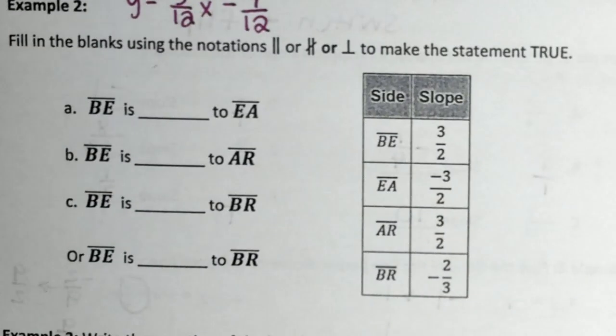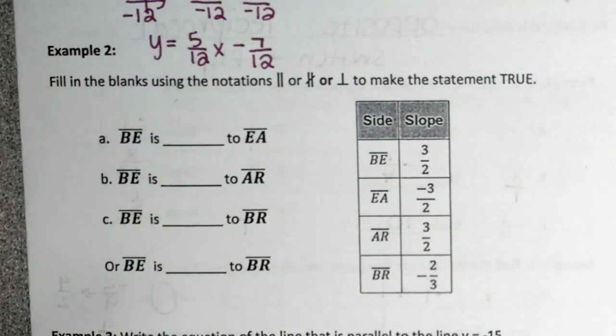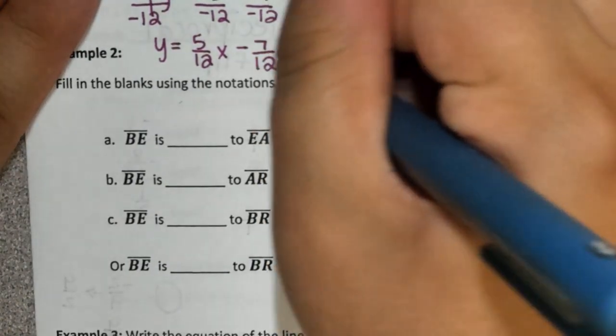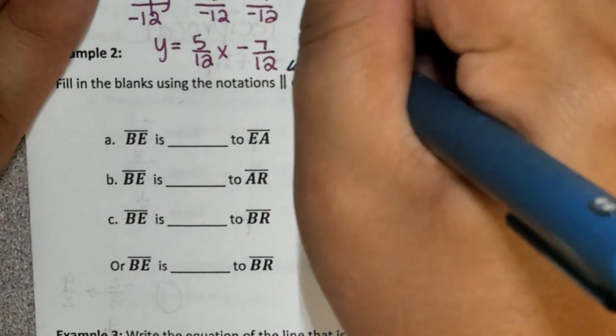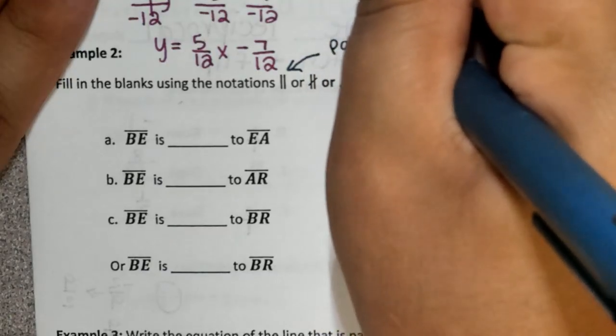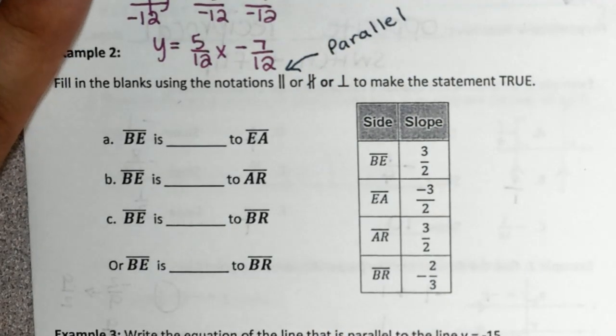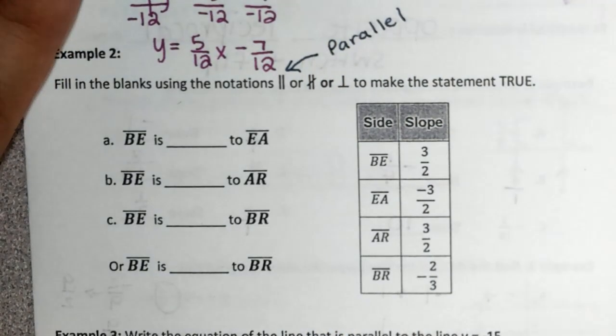Okay. Can everybody look at example 2 on the front page? Now we are going to do test questions on what those questions are going to look like. What does these 2 L's mean right here? Parallel. Everybody write that down. What about the one next to that?